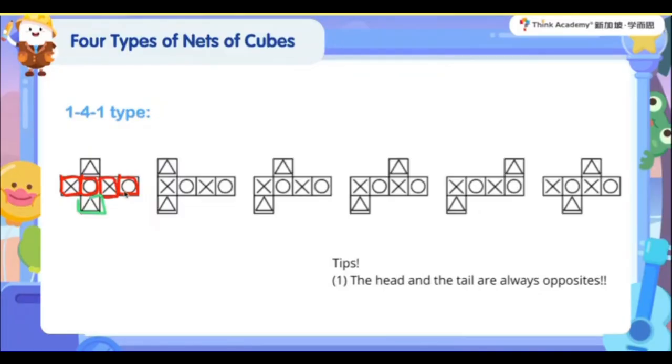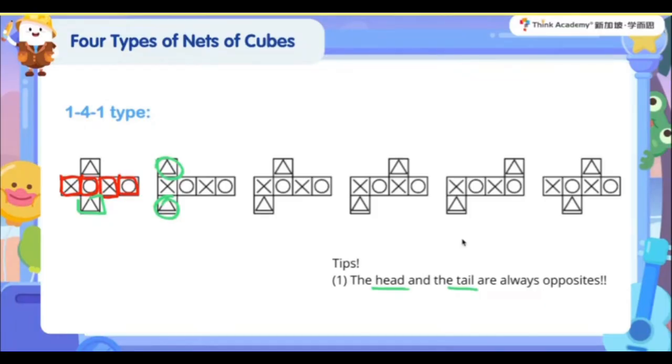Actually for the 1-4-1 type, sometimes the 1 could be at different places. Be careful, the head and the tail are always opposite sides, the top and the bottom of the cube, okay? So every time you see the 1-4-1 type, this will help you a lot.